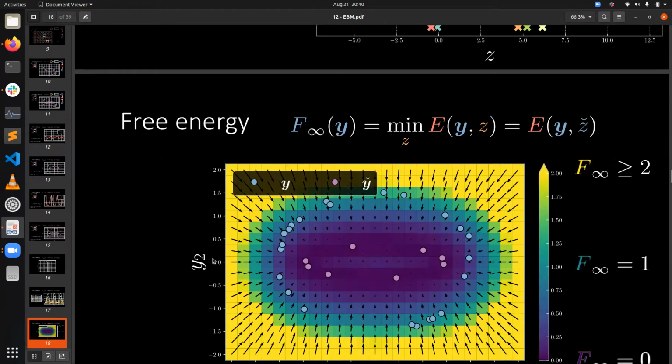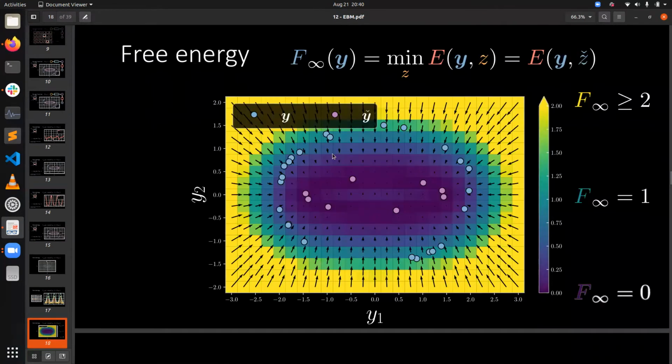So this is just a graph of what the free energy looks like. Considering that your manifold is somewhere here, at that point the free energy is zero, and as you move away from it, it increases, and even inside that manifold in the interior it's a bit higher as well, and outside as you go it's much higher.